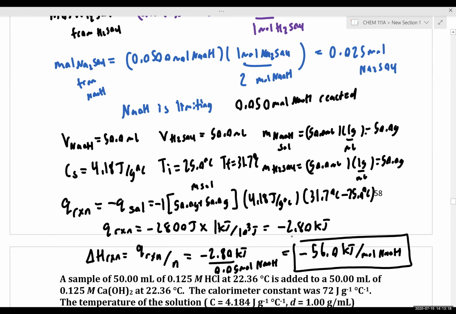And just as an interesting piece of trivia, the molar enthalpy of neutralization for most strong acid, strong base neutralizations is about 56 kilojoules.